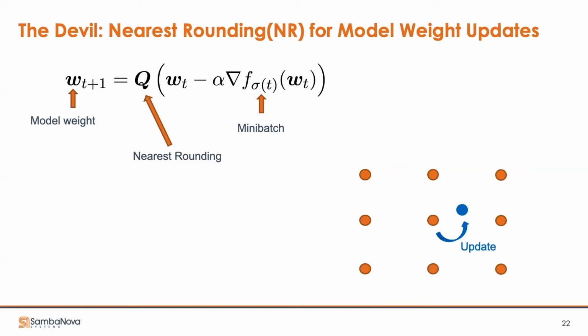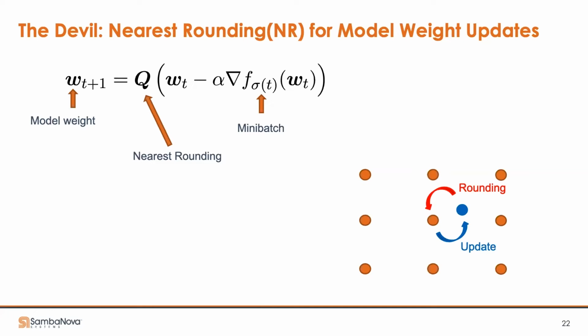So values that don't exactly fall onto the precise quantization values are rounded to the nearest quantization bin using nearest neighbor rounding. In this case, what you're seeing is that the weight value after update wants to be somewhere between two quantization bins, but because quantization forces us to take one of these orange values, nearest neighbor rounding forces these values to go back to the previous value.